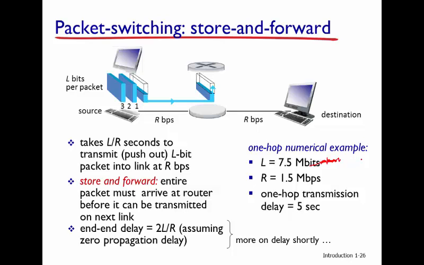When I write here, that comes. Okay. So if I mark here, that marks 5 seconds. Okay. It follows 5 seconds. How does it come? It comes from L over R.